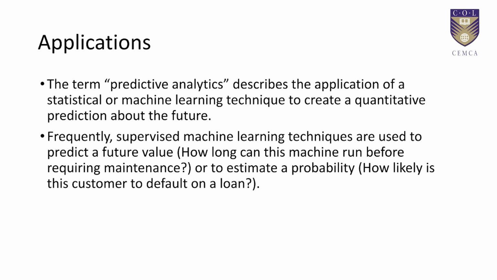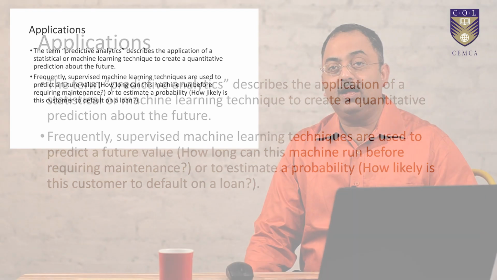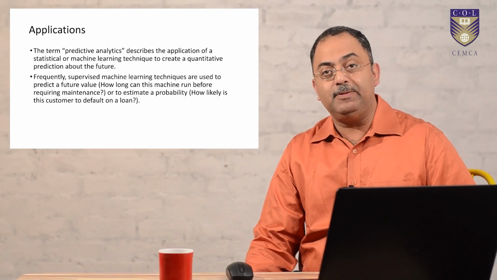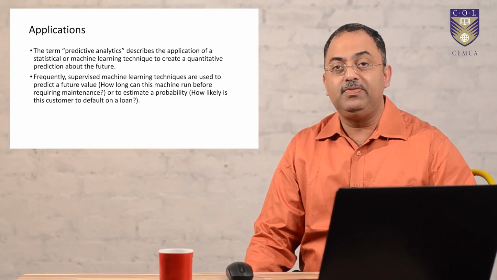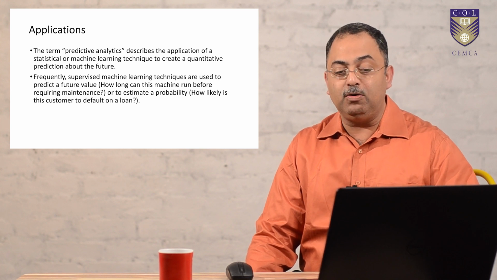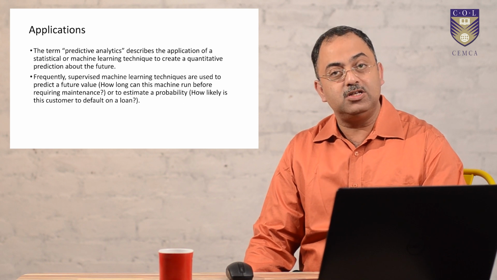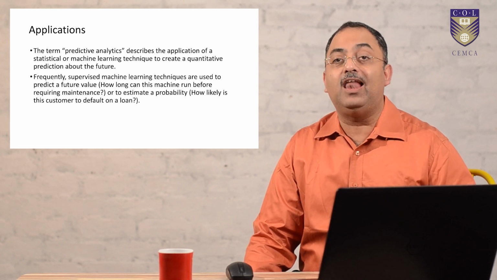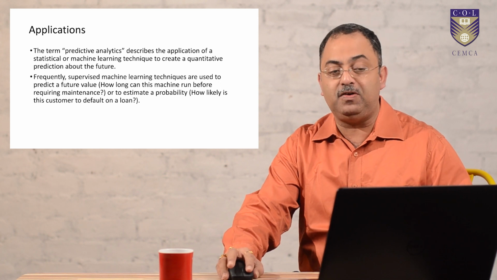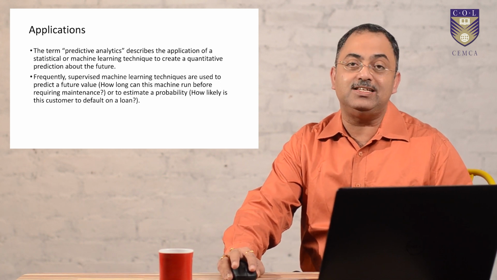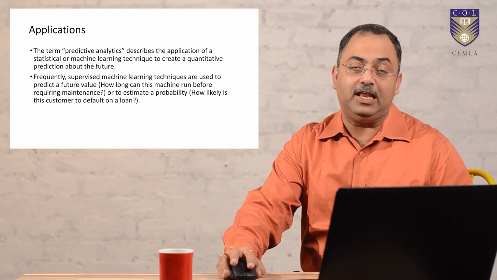For example, when would the machine stop functioning, or the machine can experience a downtime, or when does the machine require a maintenance, that can be predicted. Or for example, a bank or a financial services company can effectively use this to figure out, on the disbursement of loans to customers, which customer is likely to default on a specific loan. So that is the beauty and that is the applicability of predictive analytics.